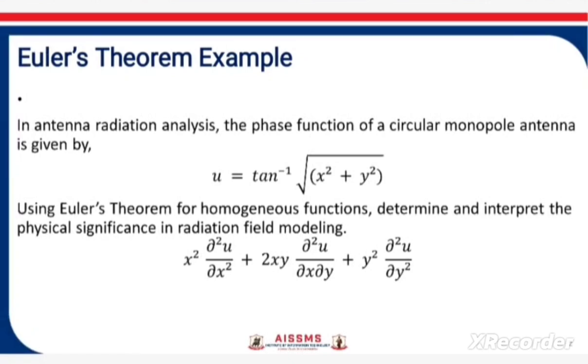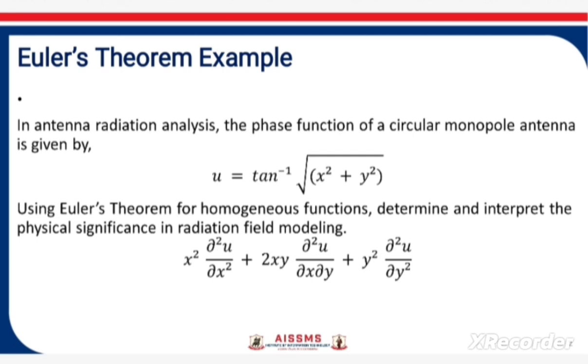The example is in antenna radiation analysis. The phase function of a circular monopole antenna is given by u equals tan inverse of square root of x square plus y square.